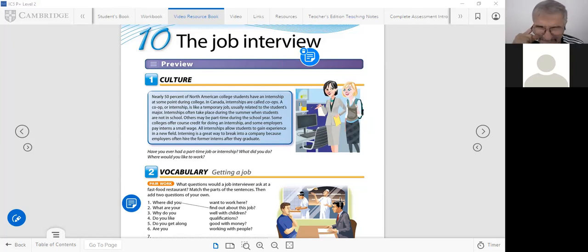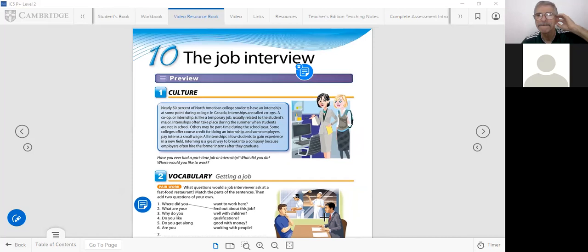An interview is like, people do an interview, for example, if I am a mom and I am searching for a baby assistant, I have to do interviews to find the one that I think is the correct one for my kid.